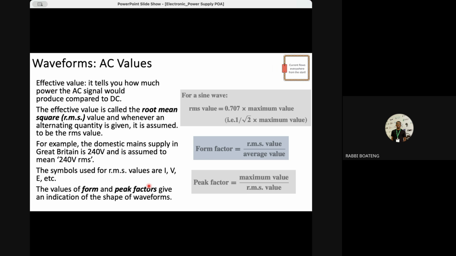In Ghana, we are following the British electricity procedure. The supply they give is 220 to 240, and it's the same that we are getting. So in your house, what you are getting is not the maximum voltage or the peak voltage, and it's not the peak to peak voltage. It's actually the root mean squared voltage.